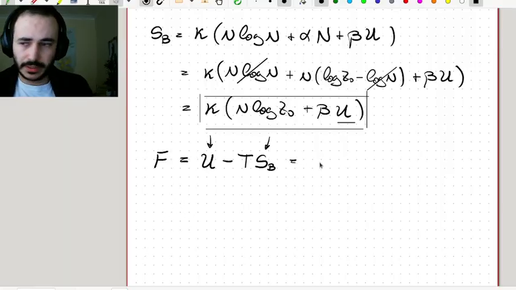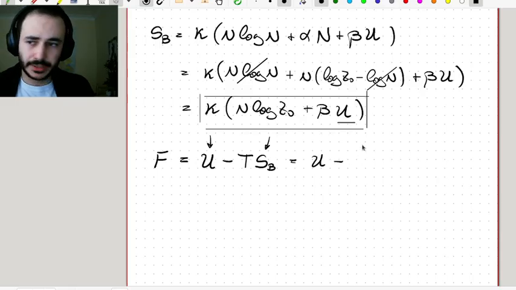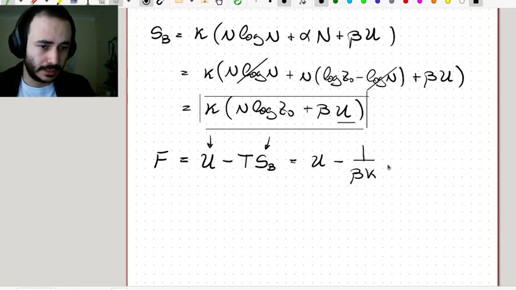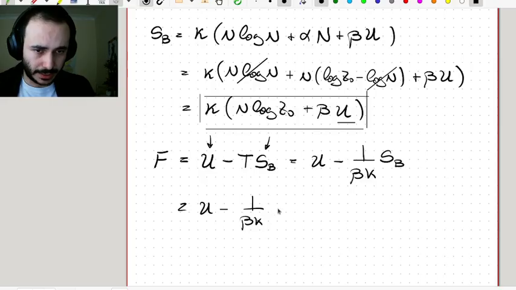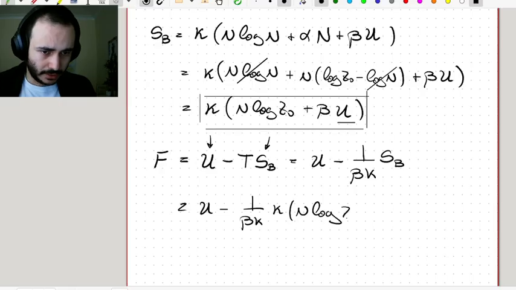So this is the internal energy minus 1 over beta k S_B. Just replacing what S_B is from here, that is u minus 1 over beta k times k n log z0 plus beta u.